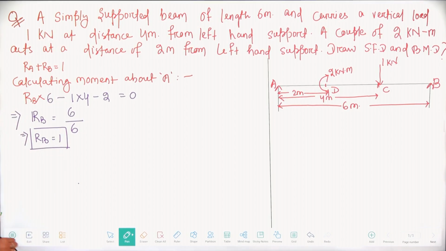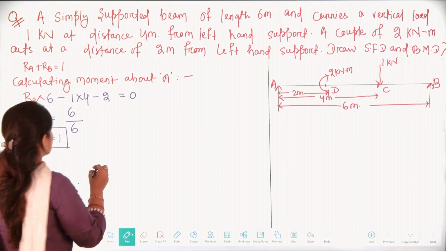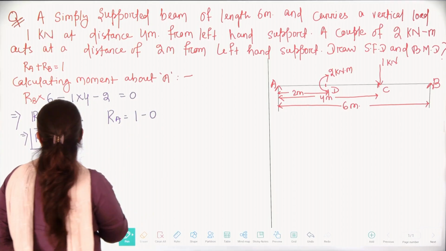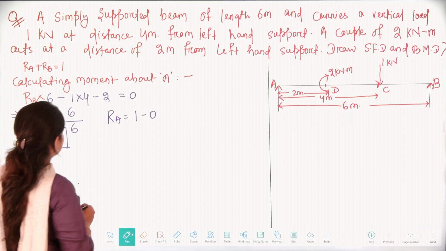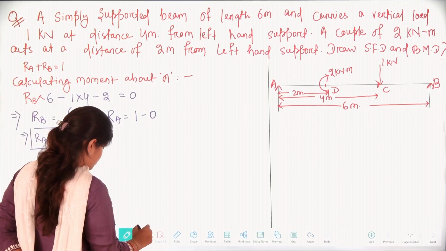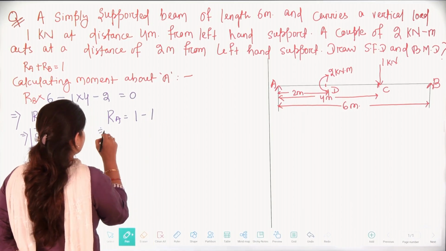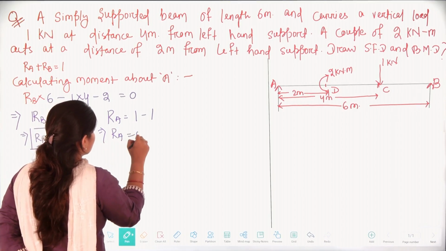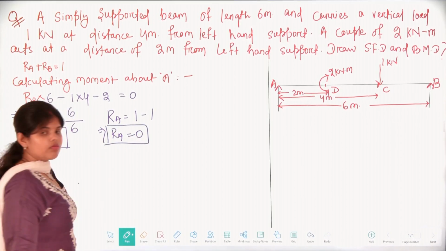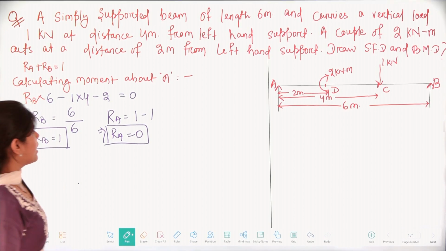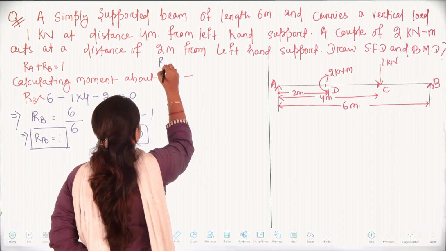We have RA plus RB equal to 1. So RA will be 1 minus 1 that is 0. Now we have the reaction forces that is RA and RB. Let's write it here.